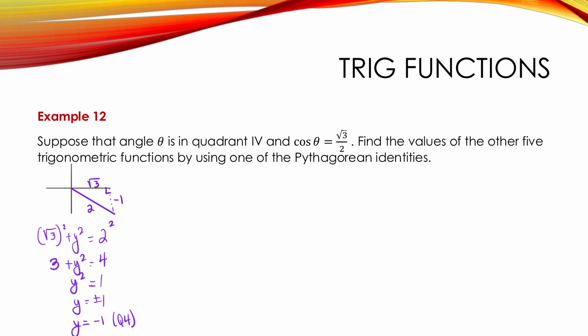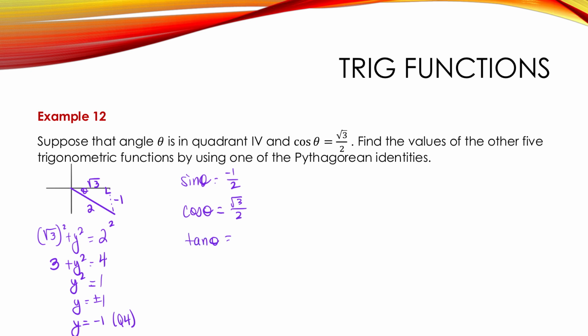So now that we know where theta is and we know the different measures of the sides, let's find all the ratios. Sine theta is opposite over hypotenuse, which is negative 1 over 2. Cosine was given, that is our adjacent over hypotenuse, which was our root 3 over 2.